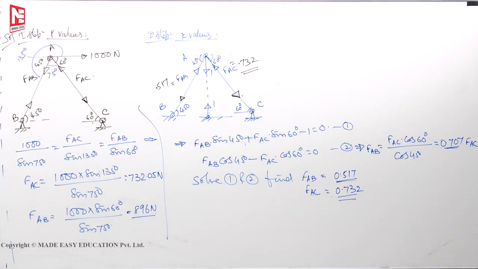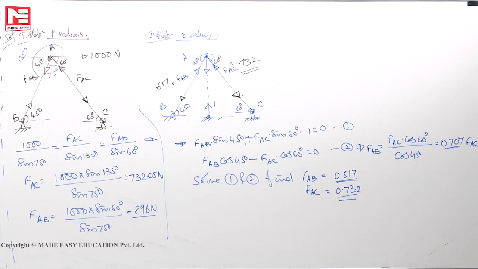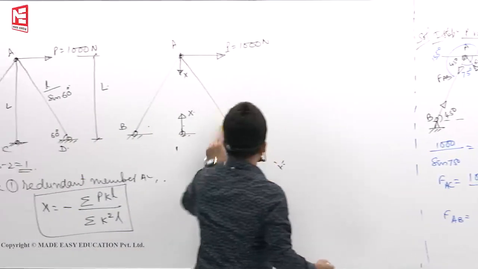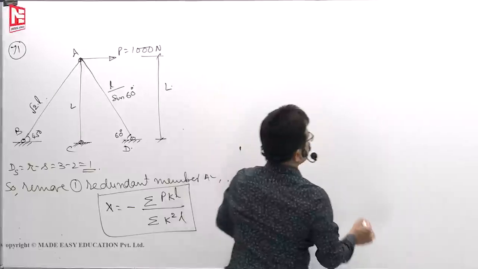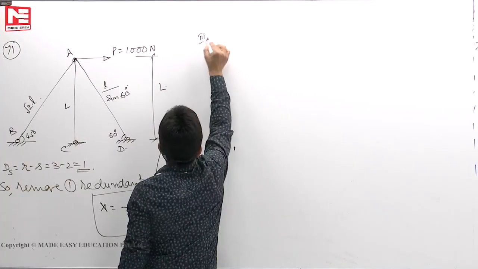Next we should write a table: PKL by K square L. This I remove now. Now your third step I am showing here.